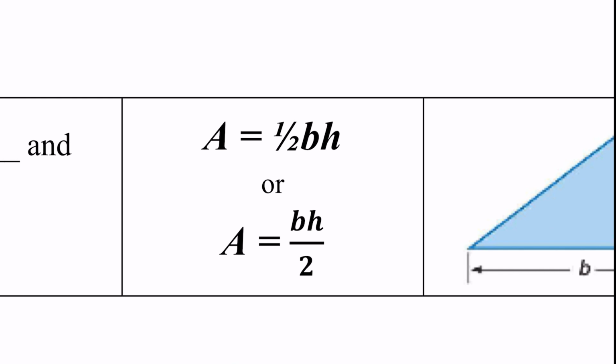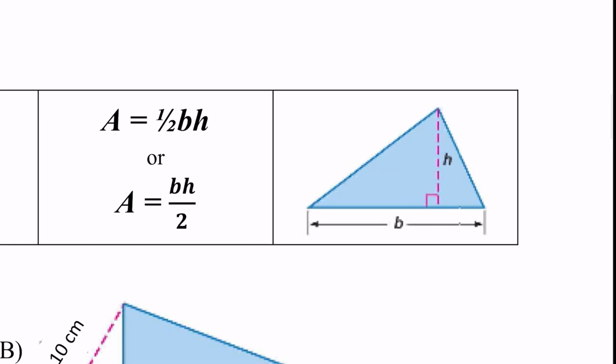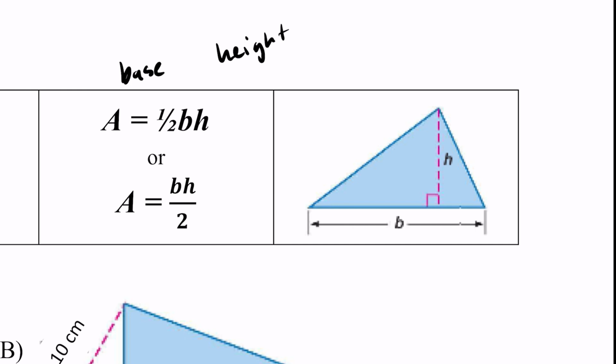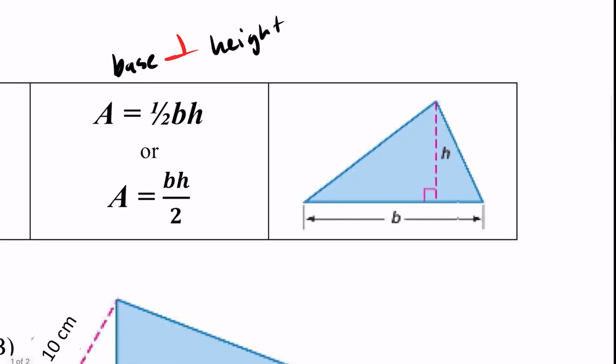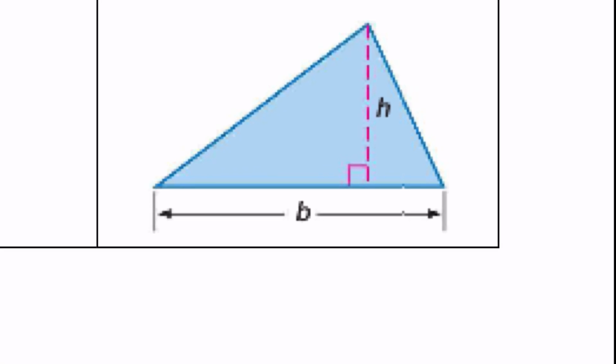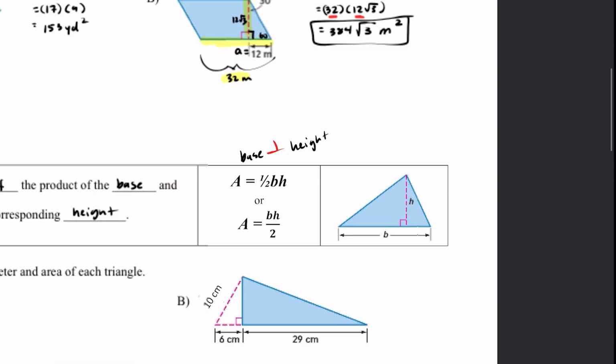A equals 1/2 BH, or A equals BH all over 2. Just like the parallelogram, the base and the height will always be perpendicular to each other. You can see that by looking at this diagram here. Here's the base, and perpendicular to that is the height. So they intersect at a 90-degree angle.